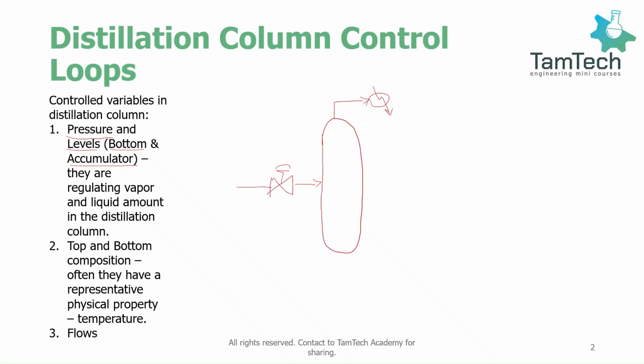In different cases, this condenser can be a total condenser or a partial condenser. In our problem statement, what we have is a total condenser. So here we know that all of the vapor before the condenser will turn to liquid with the same composition, only with the change of the phase.